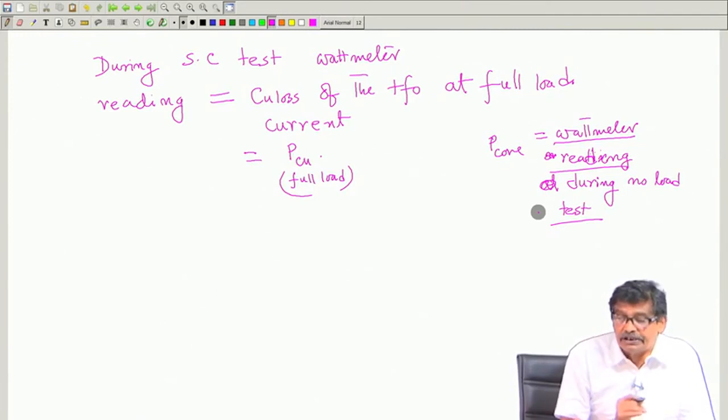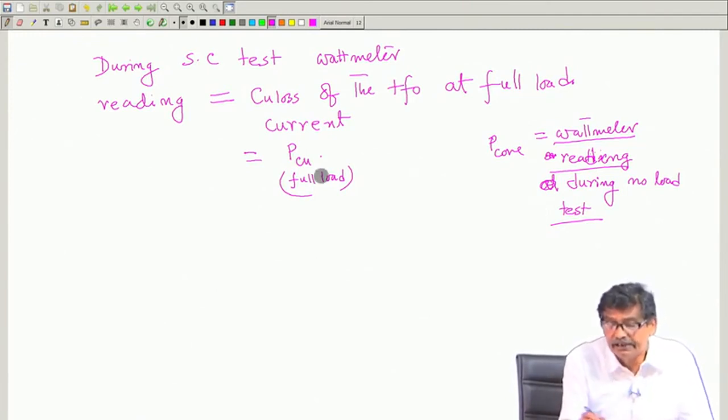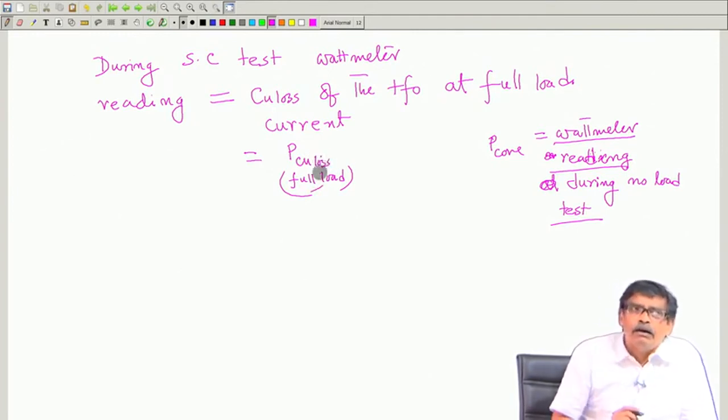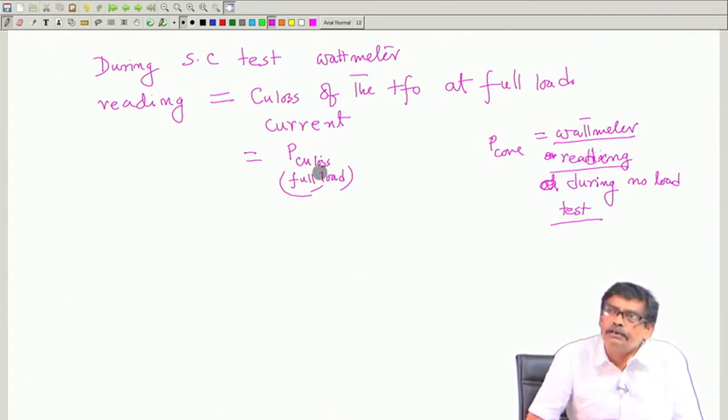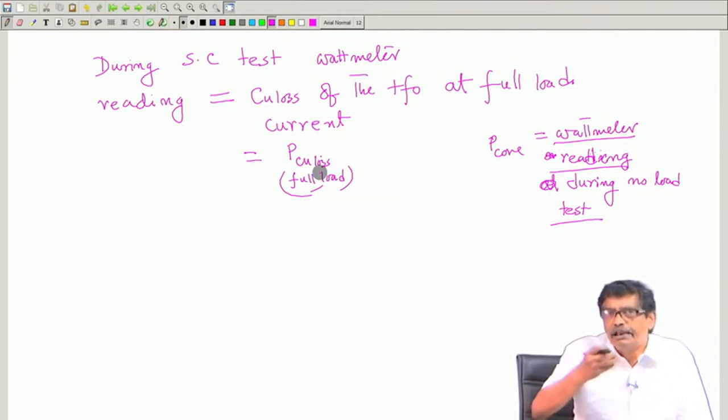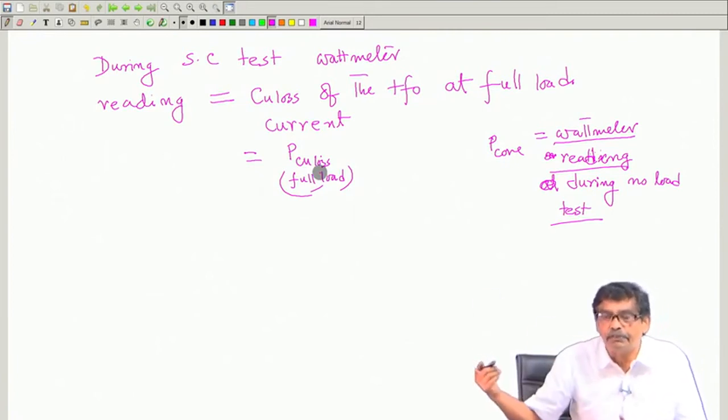Now, the big question is, okay, this is the copper loss at full load, then what will be the copper loss when the windings will be carrying half the rated current? Because the level of the current the windings will carry depends upon what impedance we have connected on the secondary side.